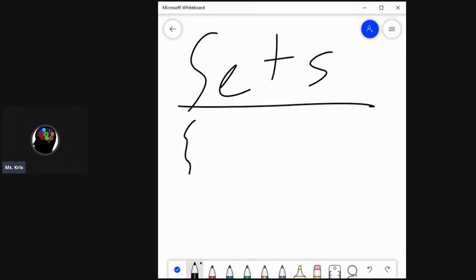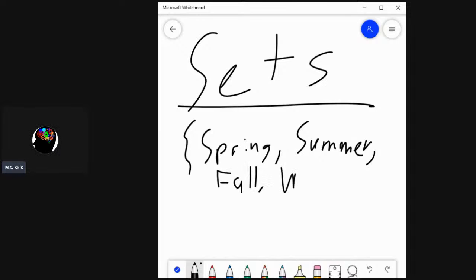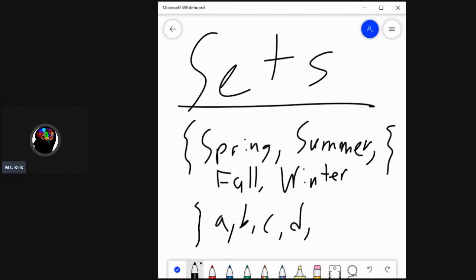So, the seasons: spring, summer, fall, and winter. That is considered a set. A group or collection of objects. A, B, C, D, E, F. A group of letters.